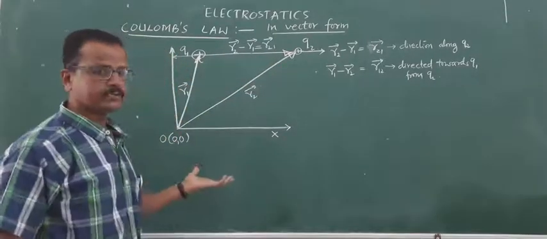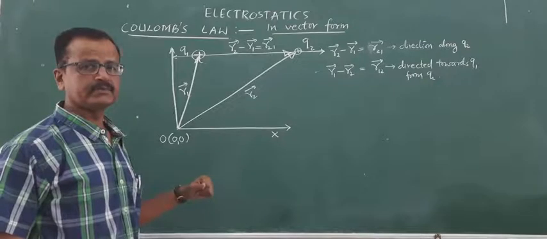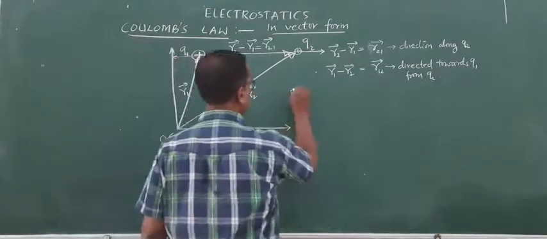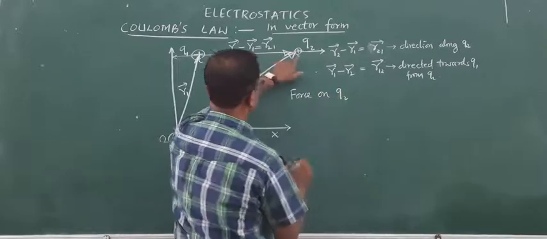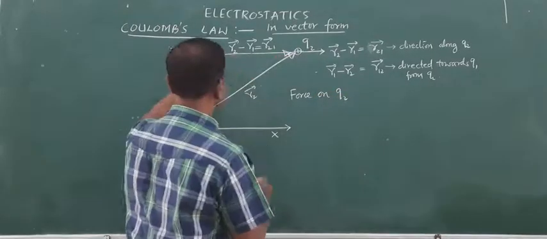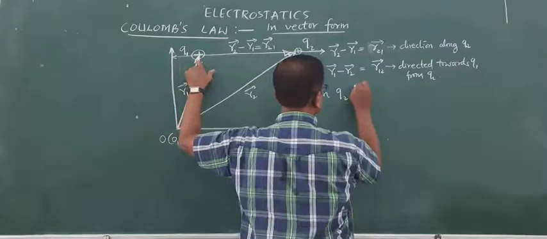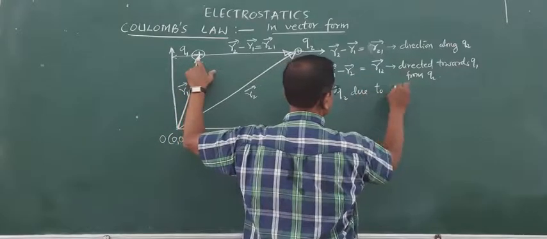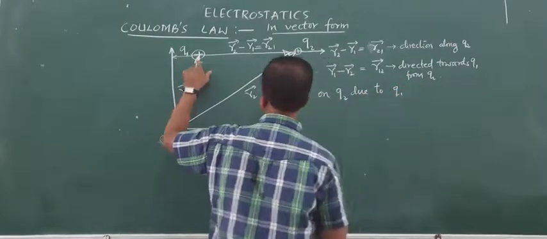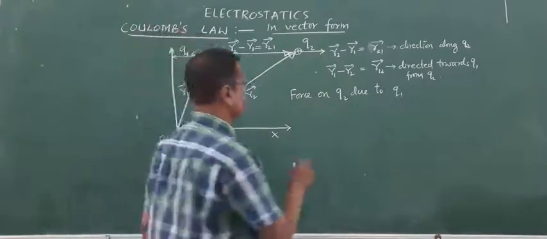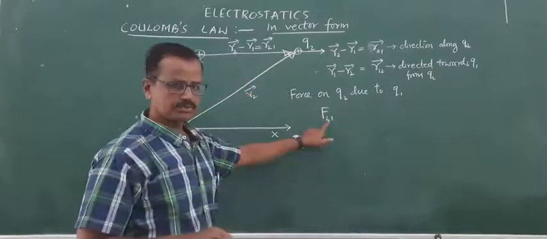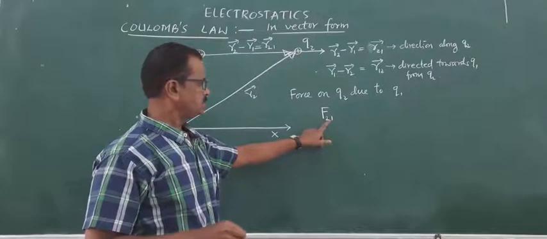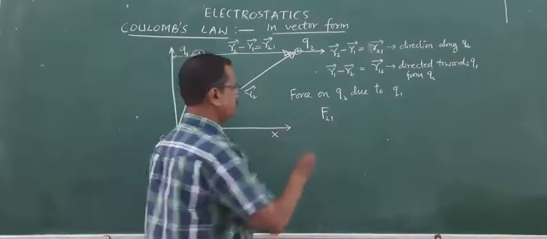That is the electrostatic force of repulsion that we already know. So I will write the force on Q2 due to charge Q1. This is written as F21, force on 2 due to 1.